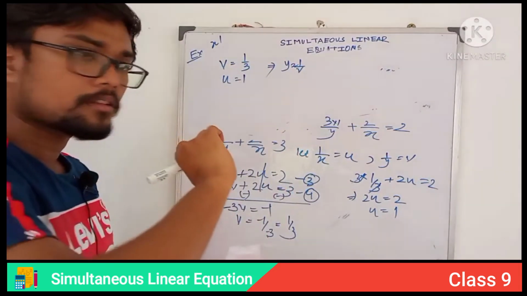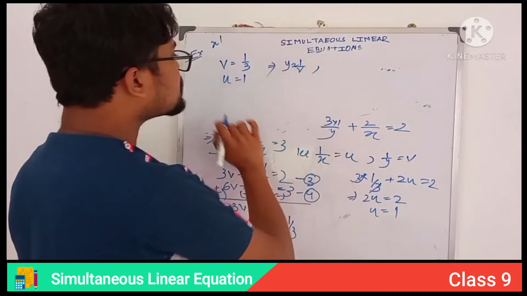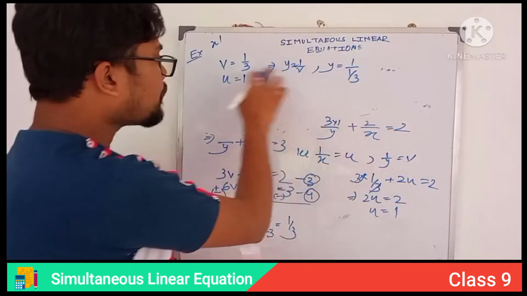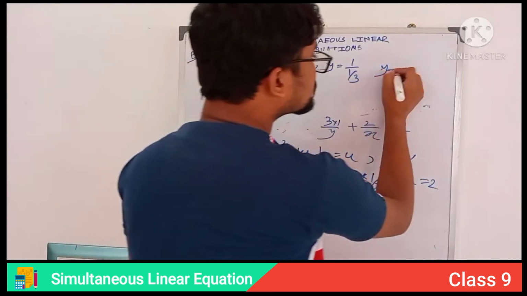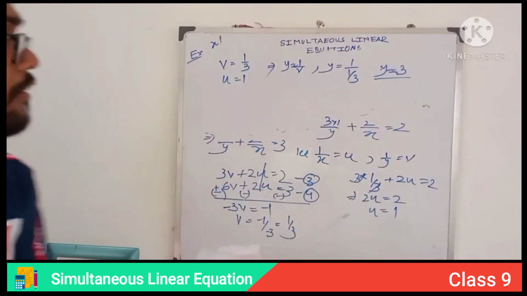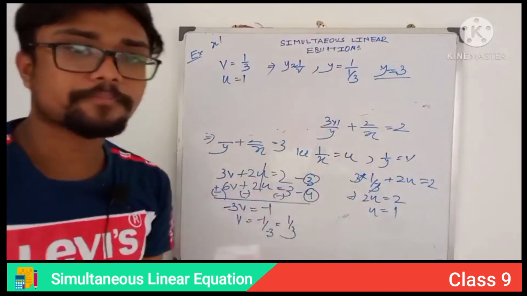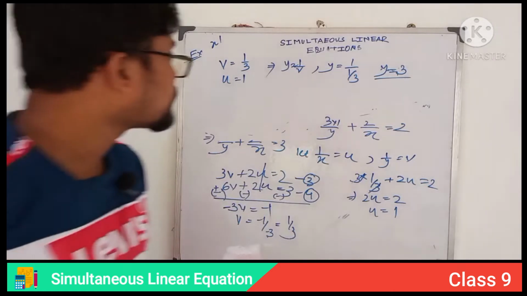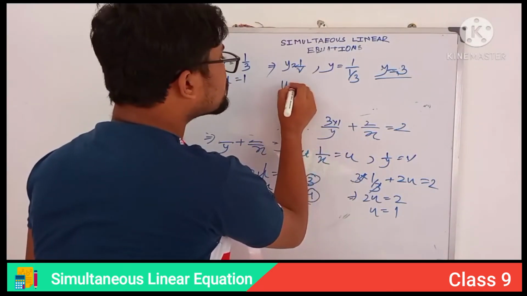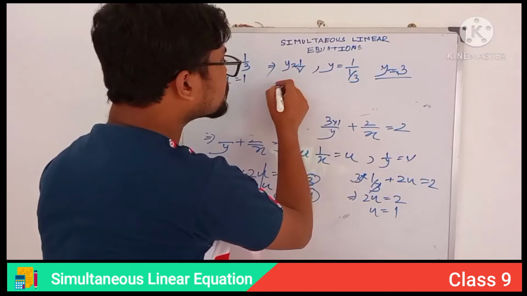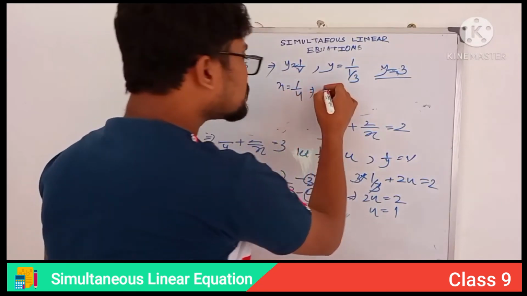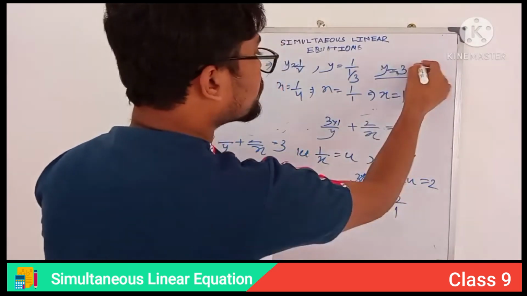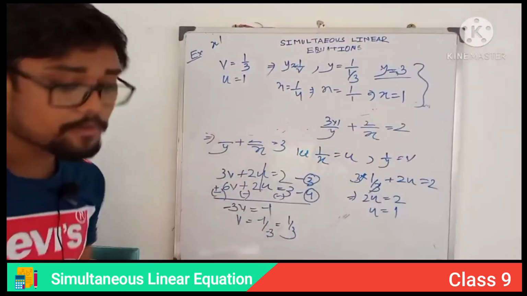Here v equal to 1 by 3, so y equal to 3. Okay, y equal to 3. And what is the value of x now? x equal to 1 by u. Putting the value, x equal to 1. So this is a method to solve this type of problem.